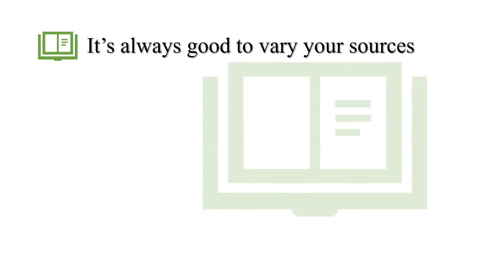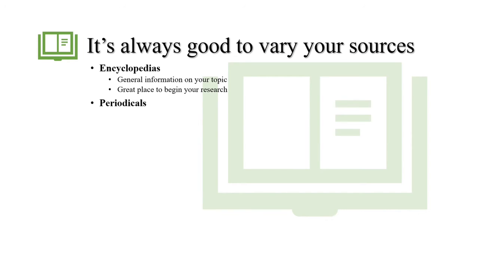It's also always very good to vary your sources of information. So there are encyclopedias, which provide you general information on your topic, and it's a great place to begin your research. Periodicals, such as newspapers, academic journals, magazines, and newsletters, offer more current and recent events sometimes regarding your topics.